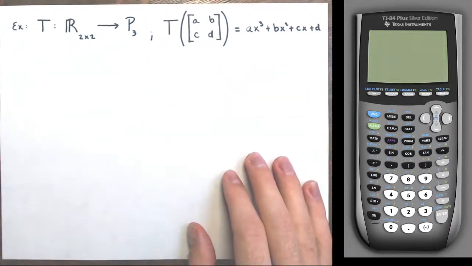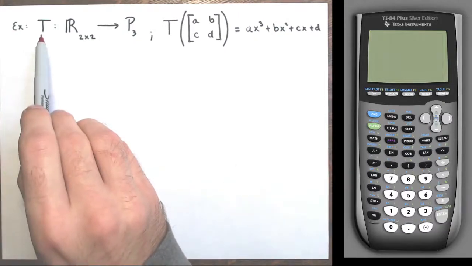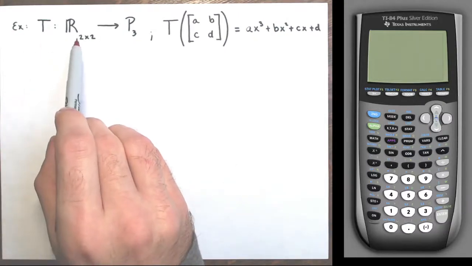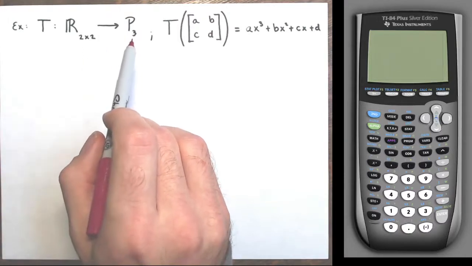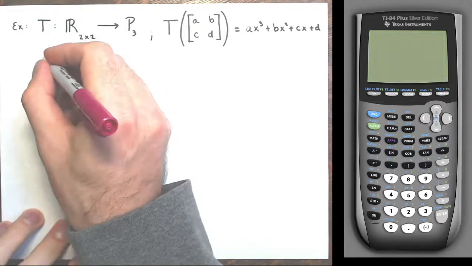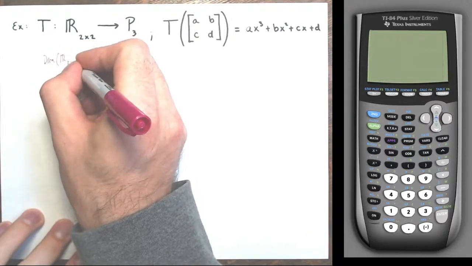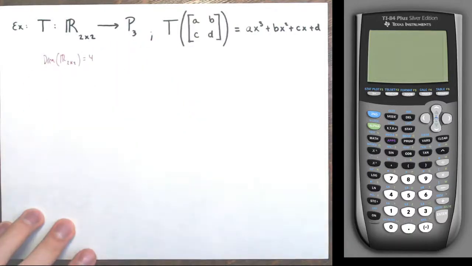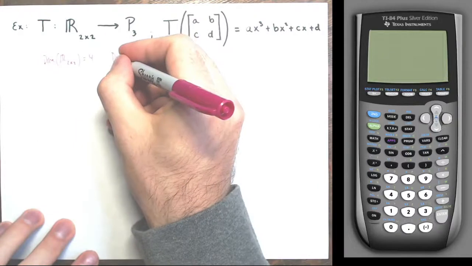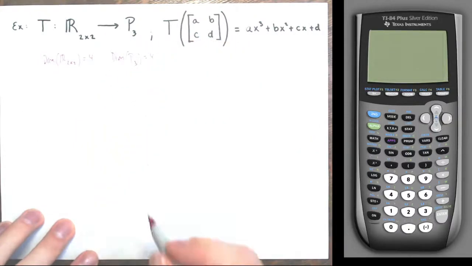This time we've got T as a transformation from the set of 2x2 matrices to the set of polynomials of degree 3 or less. Remember, the dimension of R 2x2 is 4, 2 times 2. The dimension of P3 is also 4.